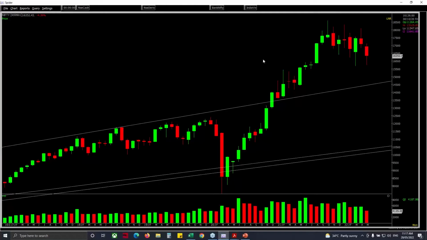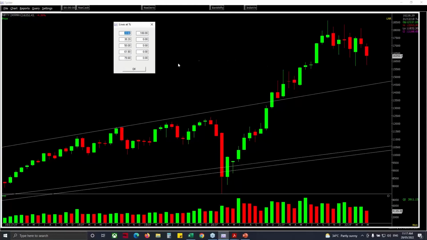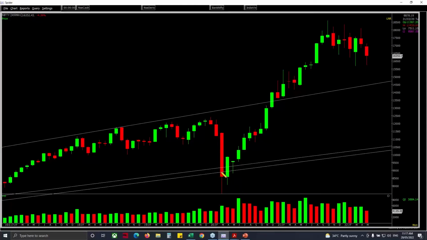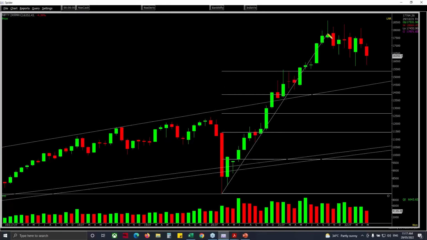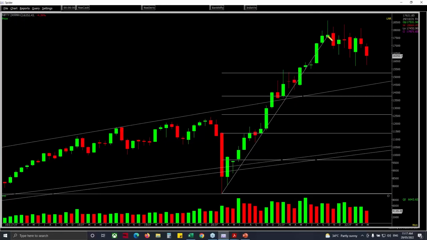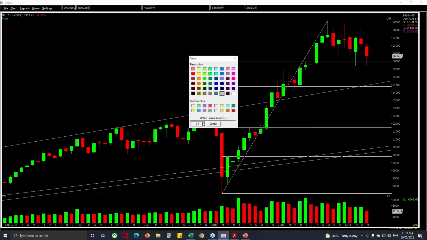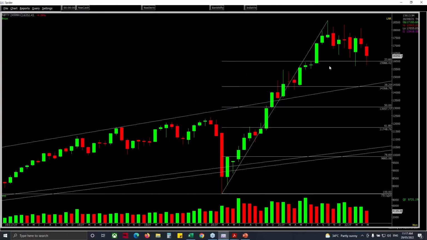Before going further, let's also look at the Fibo retracement that can give us the idea what we can expect. So, from the COVID lows to the recent high of October, we are taking support at the 20.6 retracement.